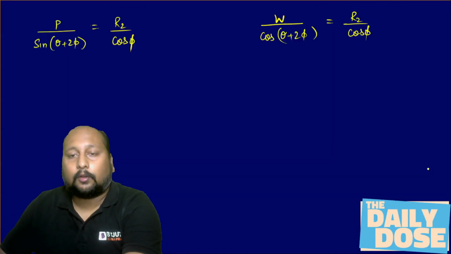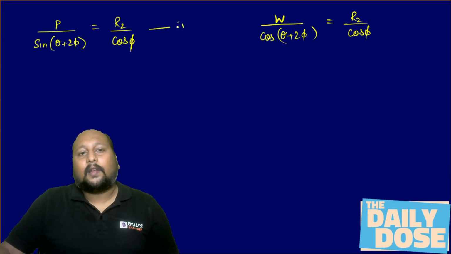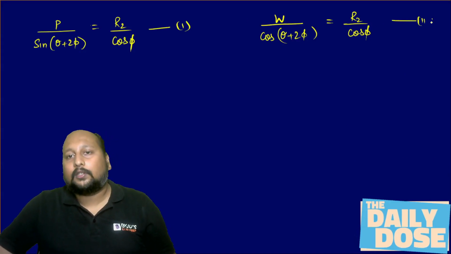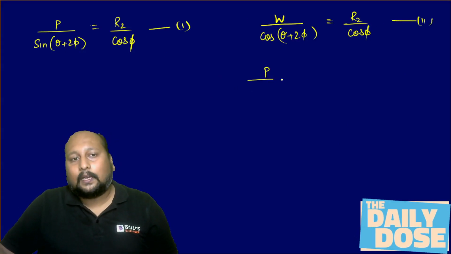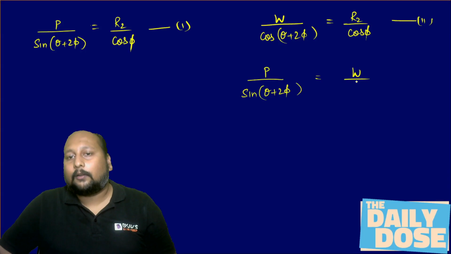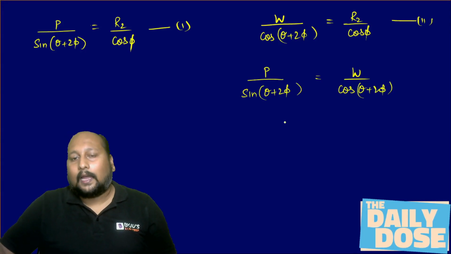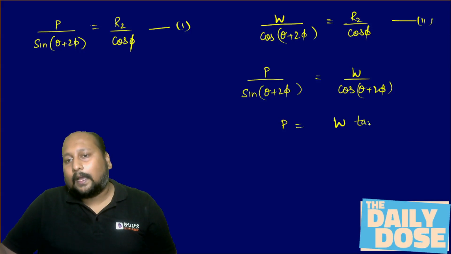If you visualize these two equations, equation 1 and equation 2, we can simply say P divided by sine theta plus 2 phi is equal to W divided by cos theta plus 2 phi, and P is equal to W tan theta plus 2 phi.